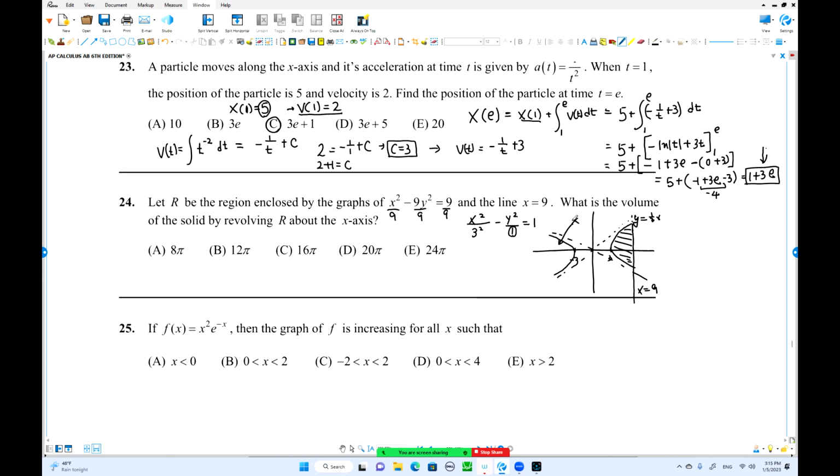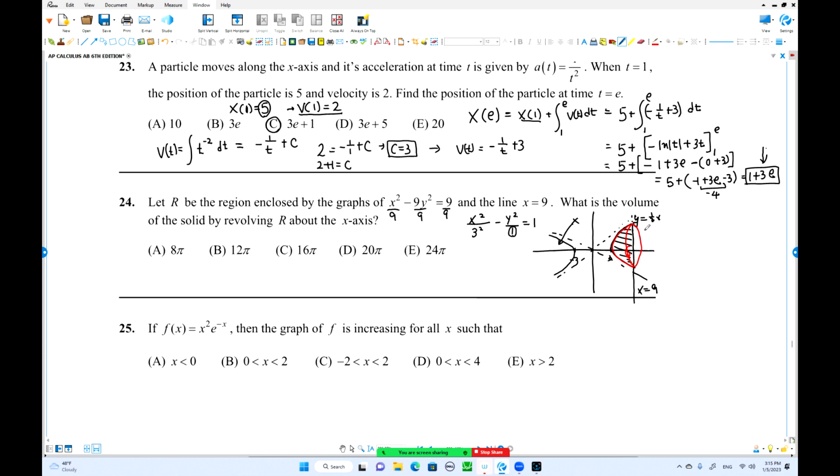Right. So we revolve this one about the x-axis. So x-axis looks like this one. This one turns around over here. It's actually the same over here, but this one is now a circle. Are you okay with this? Yeah.